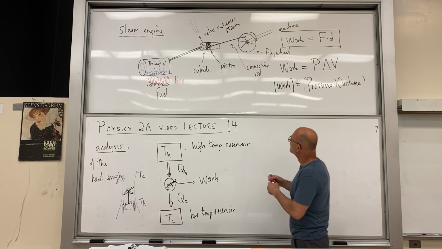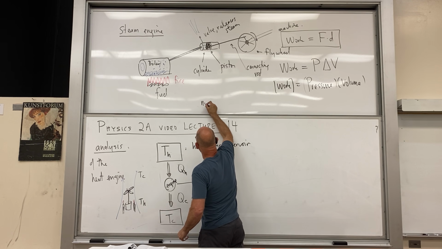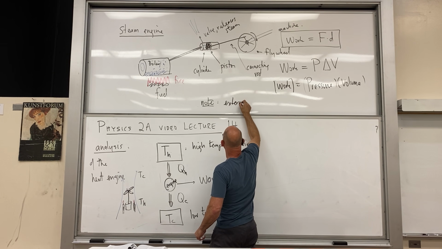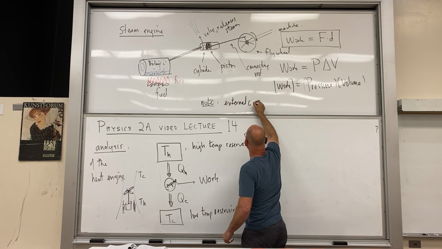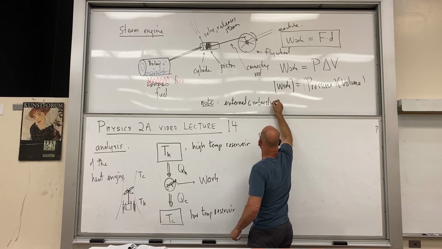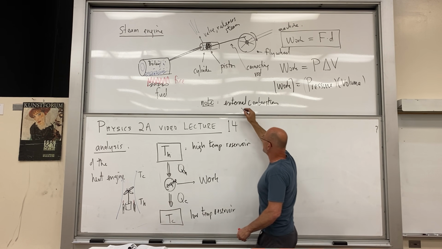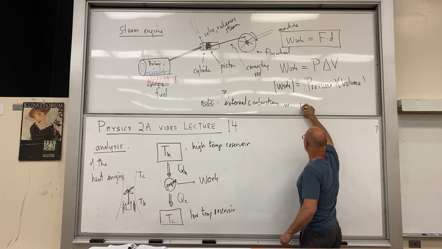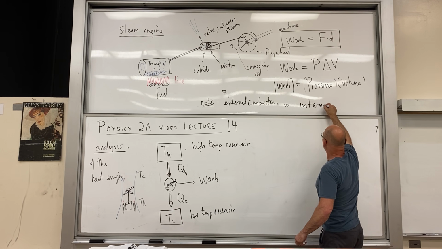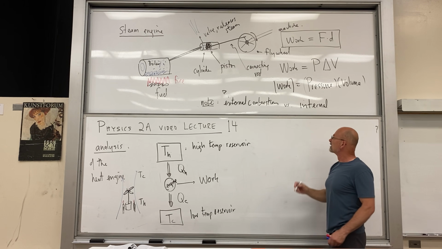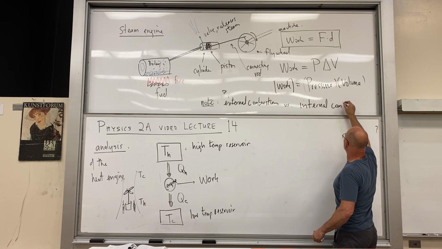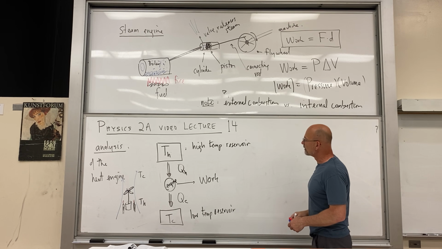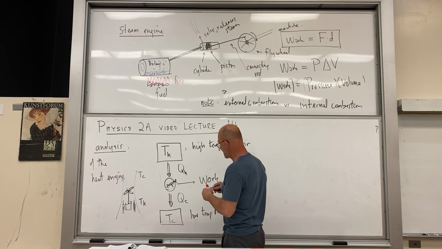Let's put that as a note here with these. There's external combustion, and that's the steam engine, versus internal combustion, and that's what you have in your car. So that's something to be aware of as well. Okay, what we're going to do though is continue with the analysis.